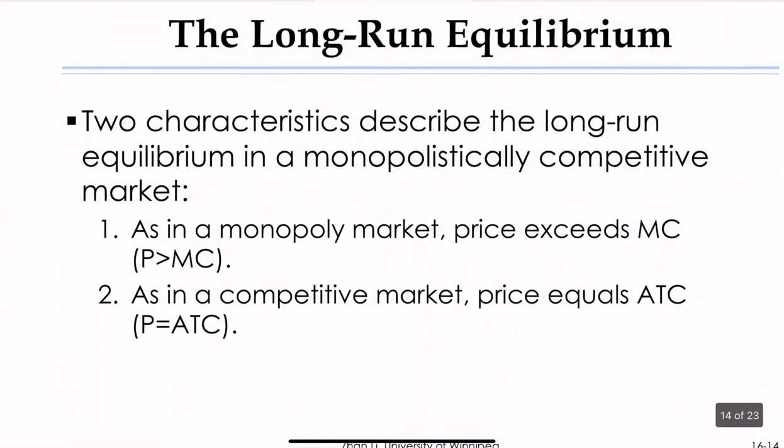Okay, let's get more discussion on this long-run equilibrium. So the long-run equilibrium has two major features. First, price is larger than marginal cost. Right? This is very similar to a monopoly market. And second, price equals average total cost. This is similar to a competitive market.